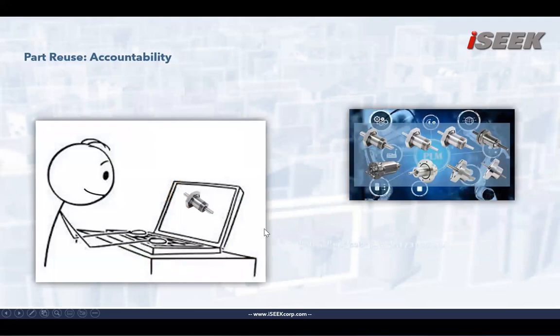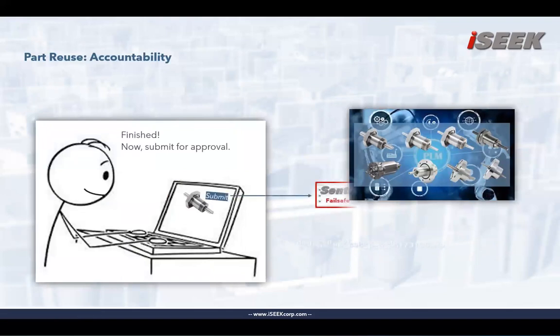One of the questions that's commonly asked by managers is, when we adopt these technologies for geometric search, how do we ensure the technologies are utilized, and how do we create accountability for their use? So here's an example of the use of the CAD Seek API. This designer has completed a new design.